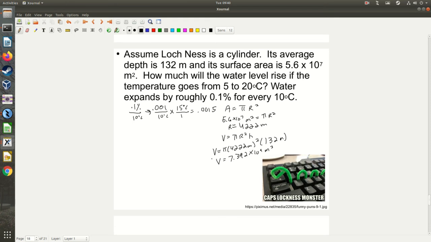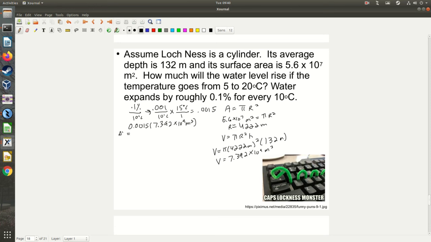So this change is going to act on that volume to get you a change in volume. So that's what I'm going to do next. 0.0015 times 7.392 times 10 to the 9th cubic meters.